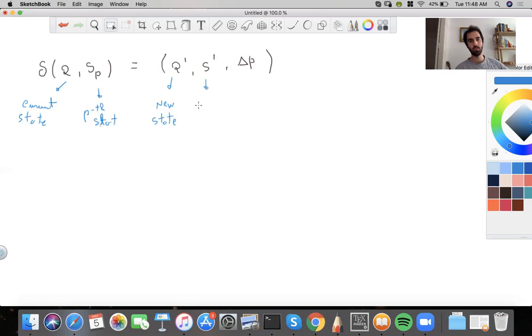You write something new on the P slot, and you get -1, which means move to the left. So go to the left of the tape. 0, which means remain on the same slot of the tape. And +1, which means move to the right.